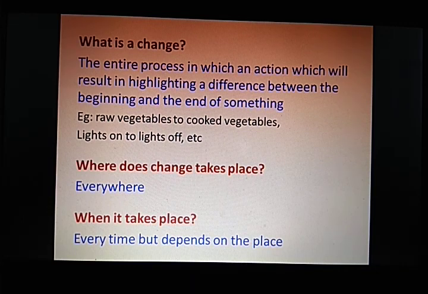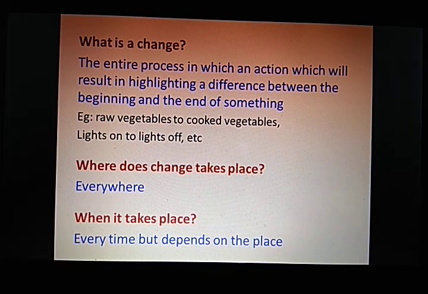The vegetable is now more soft. The vegetable now has got a different color. So the raw vegetable color and the boiled or cooked vegetable color are different. The shades can be lighter, deeper, or some other shades before and after the process is done. That is what we call a change. We will say that the vegetable has undergone a change. It has changed from raw vegetables to cooked vegetables.